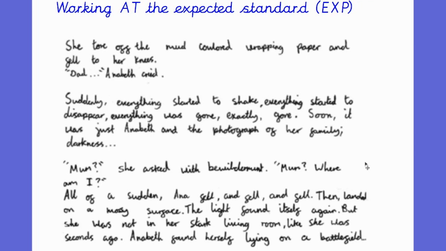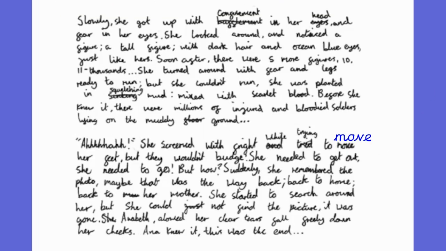The light found itself again. But she was not in her stark living room like she was seconds ago. Annabeth found herself lying on a battlefield. Slowly she got up with confusion in her head and fear in her eyes. She looked around and noticed a figure, a tall figure, with dark hair and ocean blue eyes just like hers.